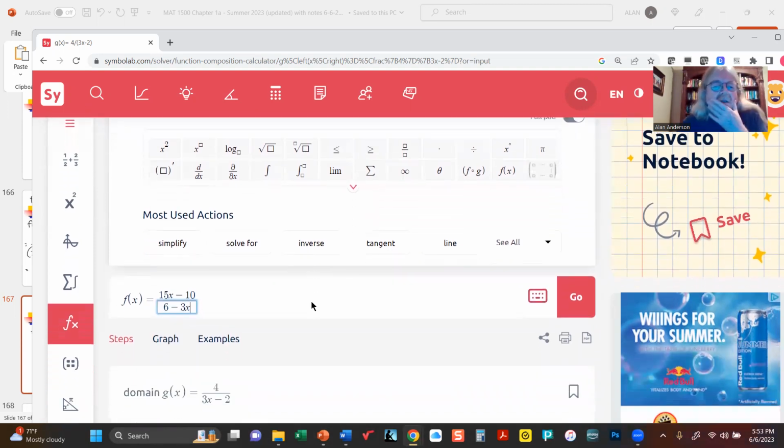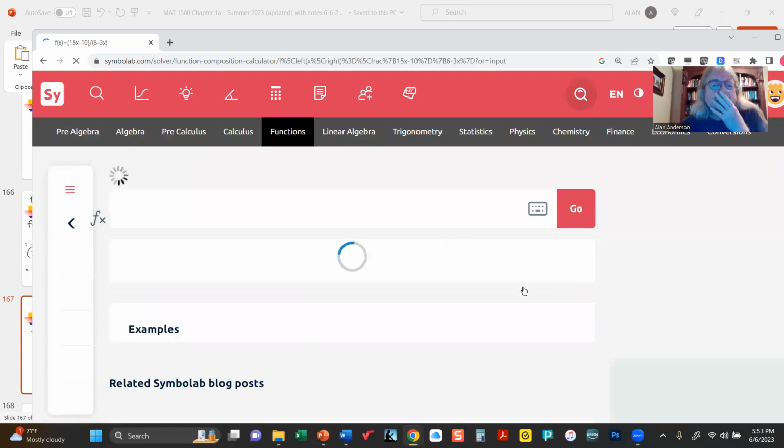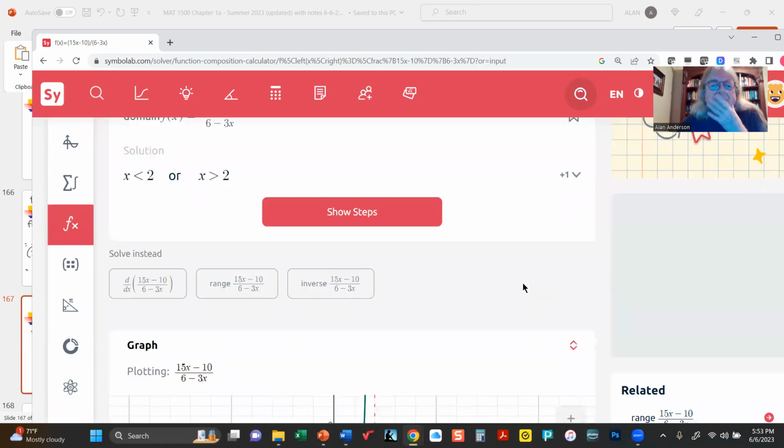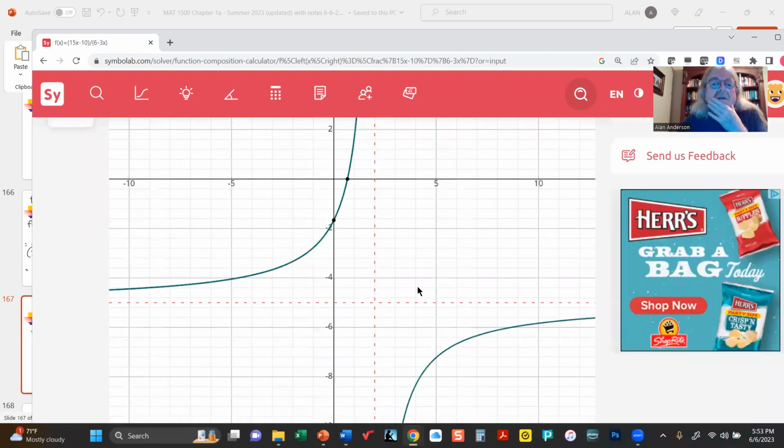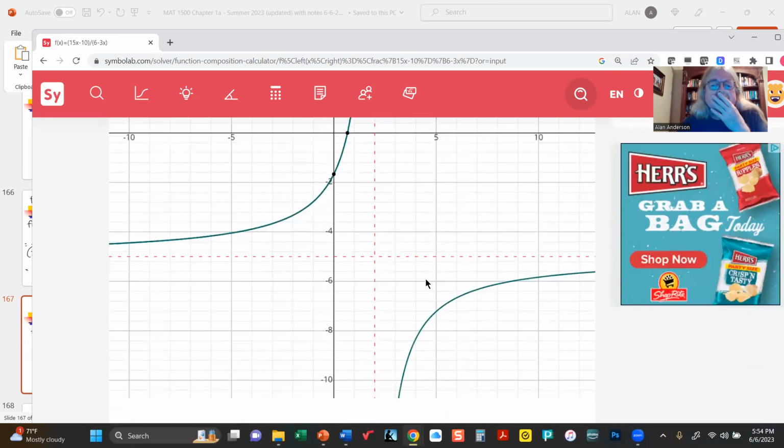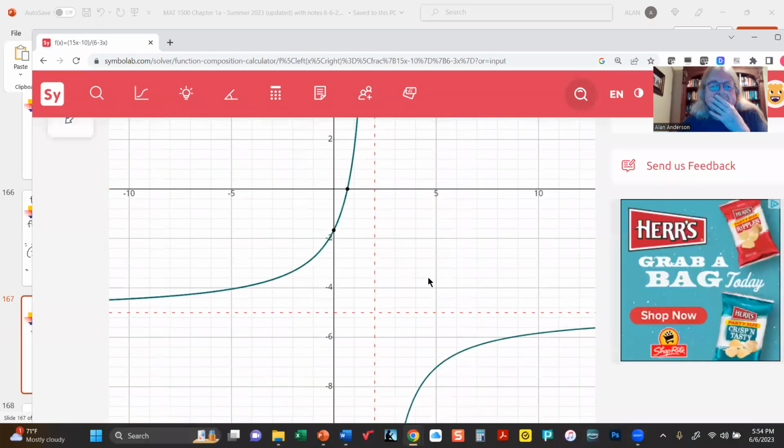And again, you can see clearly there's going to be an asymptote in there somewhere. Oh, there's a couple of them. So anyway, there is a discontinuity here.